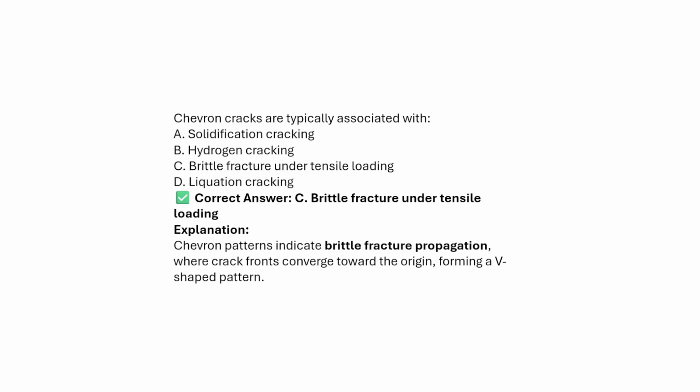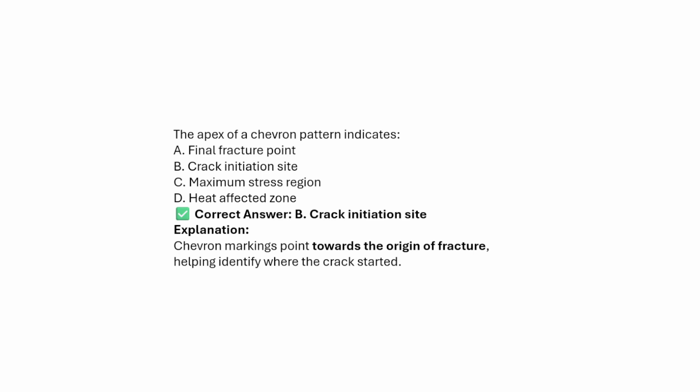Okay. The chevron pattern indicates brittle fracture propagation when crack fronts converge towards the origin, forming V-shaped patterns. The apex of the chevron pattern indicates the final fracture point.